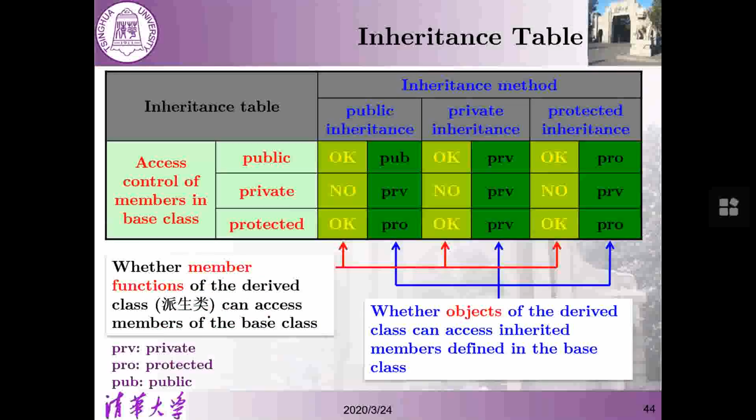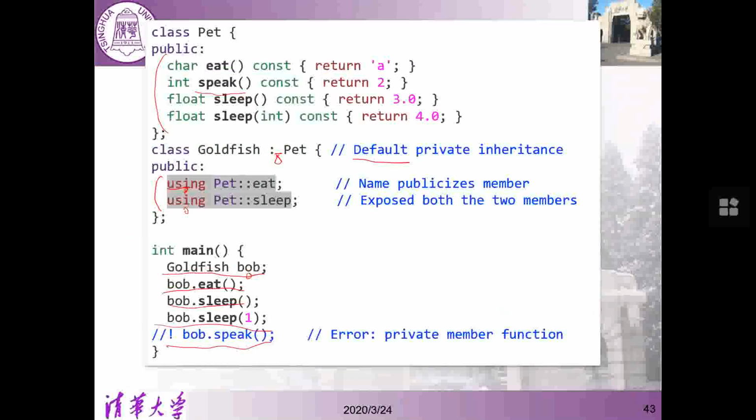So this is the grammar of private inheritance, and actually we can access freely inside the class. If we define, for example, some function inside this derived class, then in this member function, we can freely access the base interfaces.